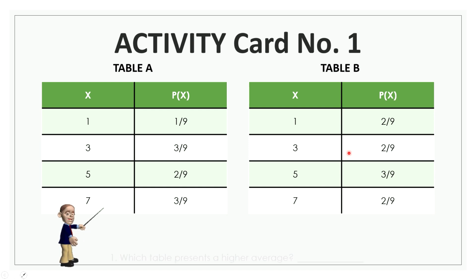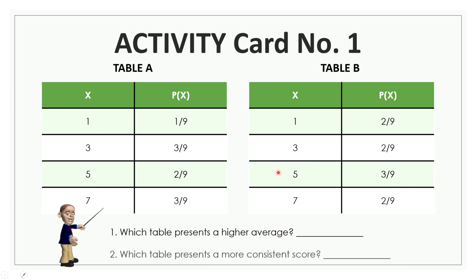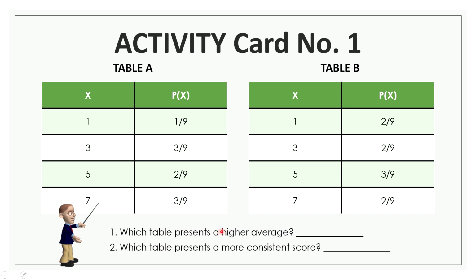And then we have questions. Number 1, which table presents a higher average? And then the question number 2 is, which table presents a more consistent score? So, solve natin tong table A tsaka table B para makuha natin o malaman natin kung ano yung tinatanong ng problem.